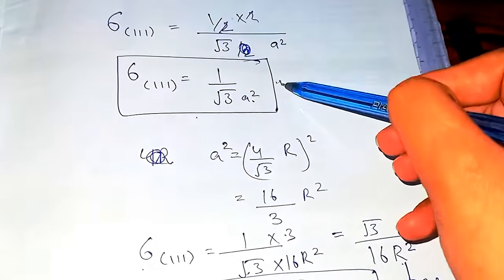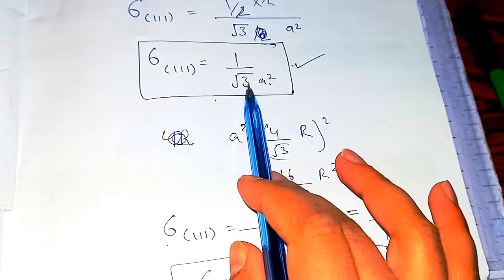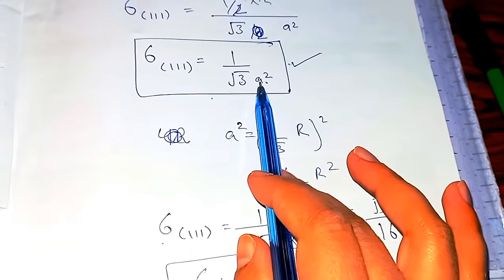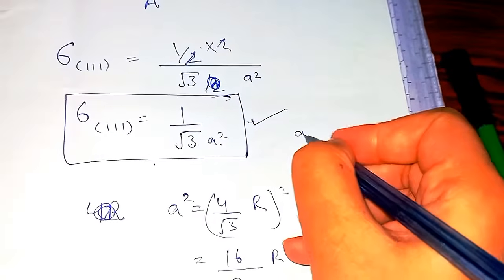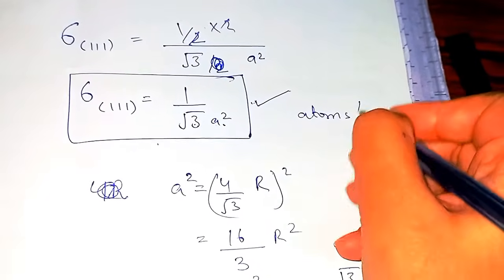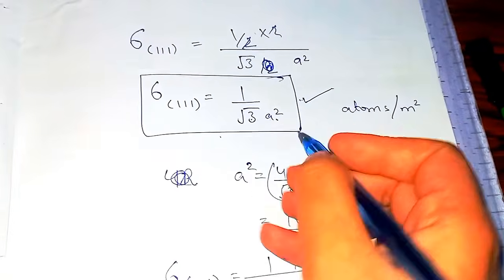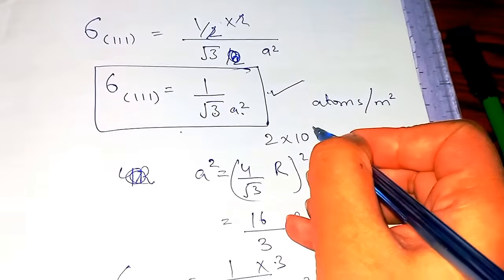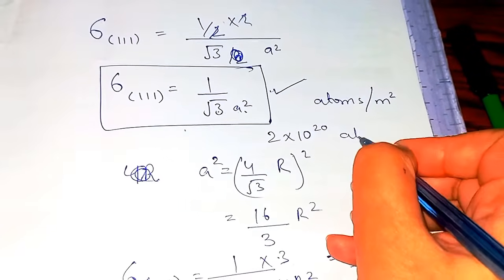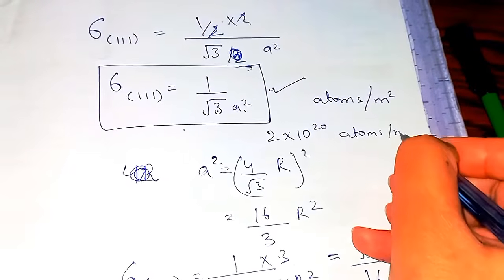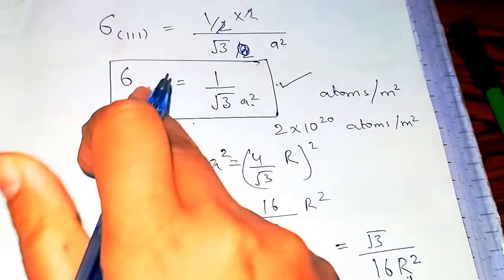And this is the planar density in terms of lattice parameter, and they have units of atoms per meter square. Whatever results you get, for example 2 multiplied by 10 to the power 20, you are supposed to write atoms per meter square as the unit of planar density.